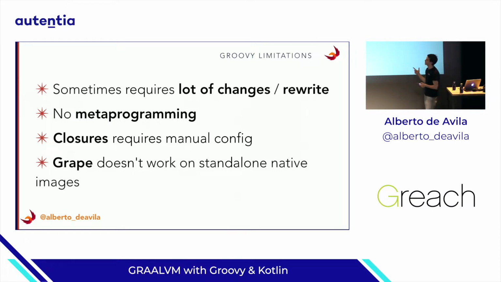The use of closures requires some manual config, or you will get some exception. And Grape doesn't work with native images. So I think there are important features that we are losing here using Groovy with GraalVM.